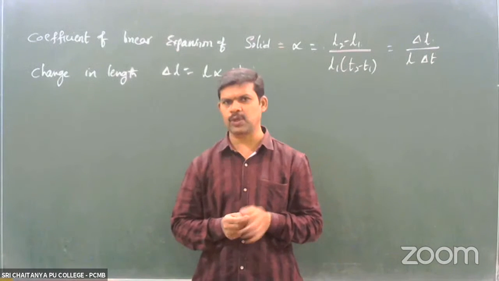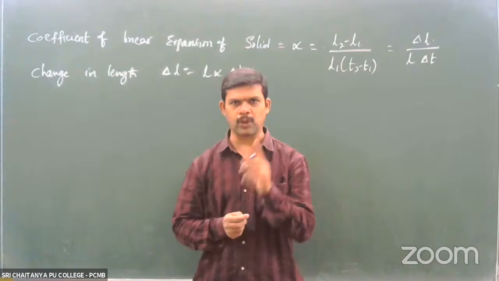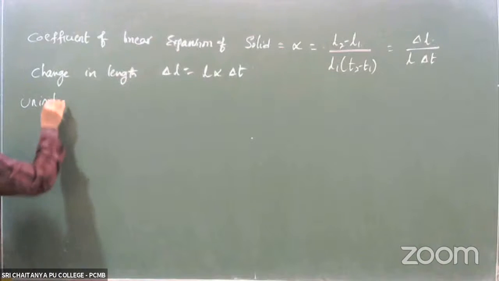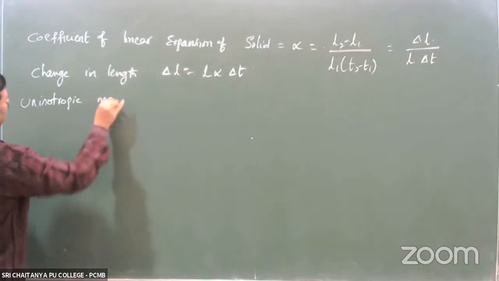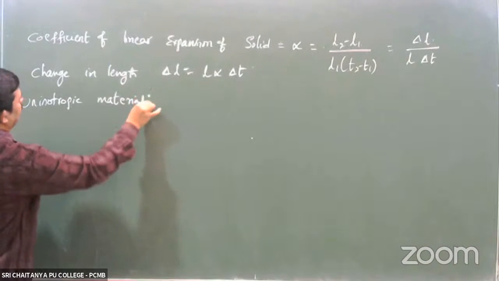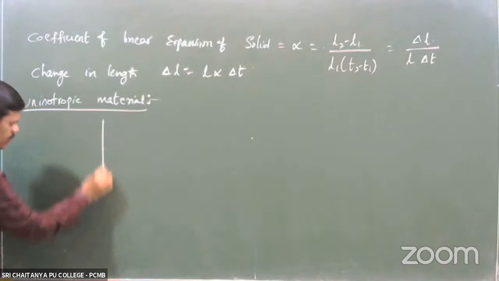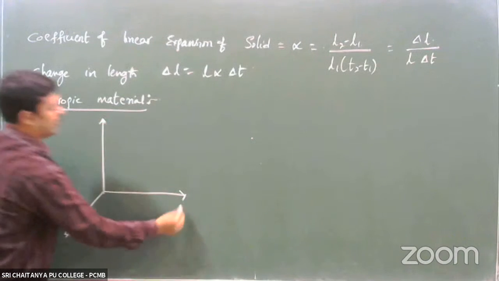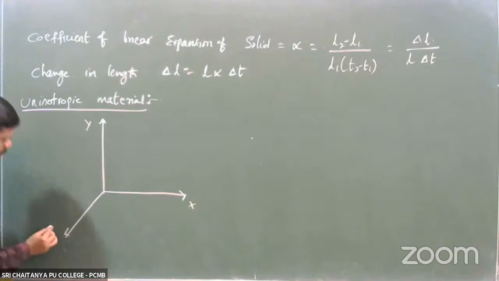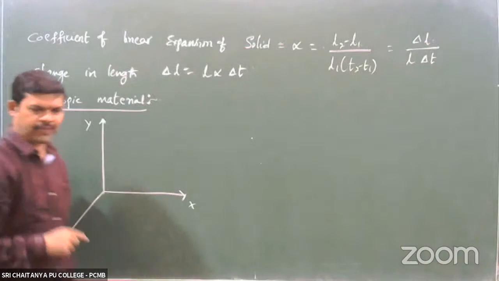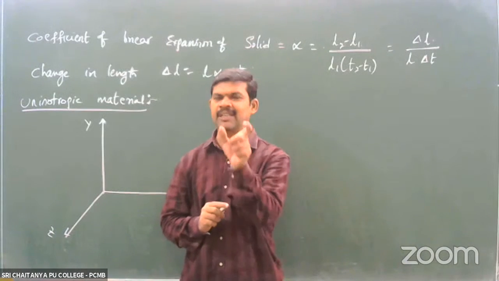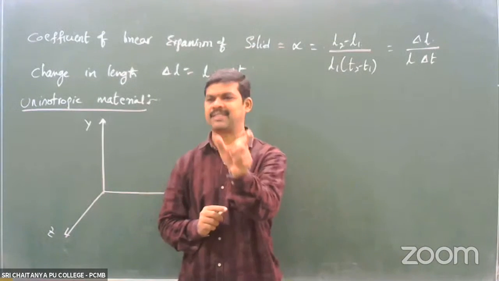When we come to anisotropic material, that name itself tells you its expansion is not the same along the three axes.